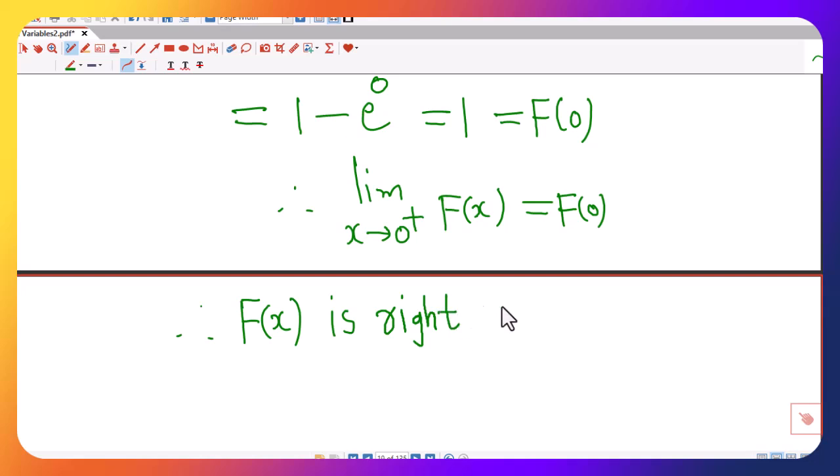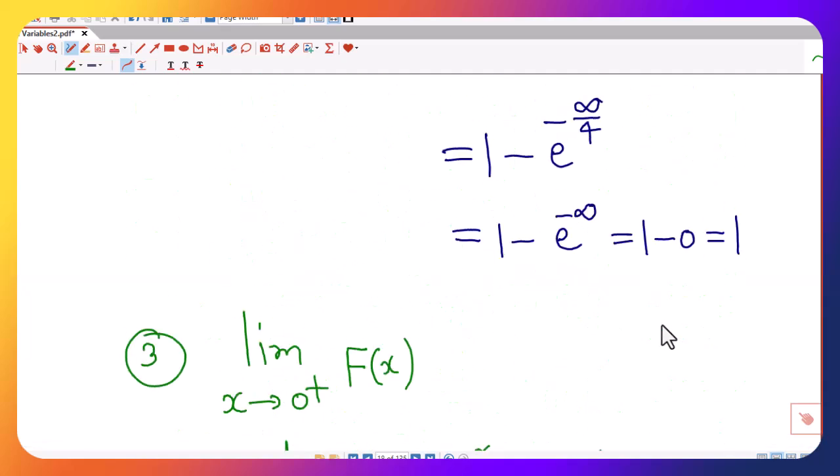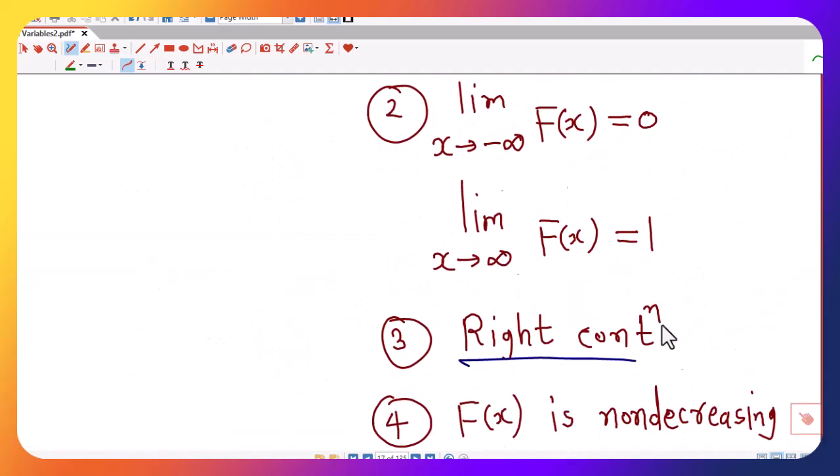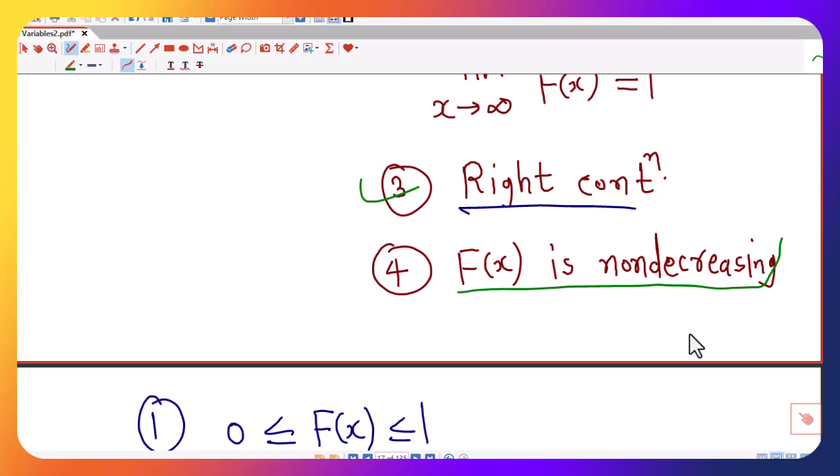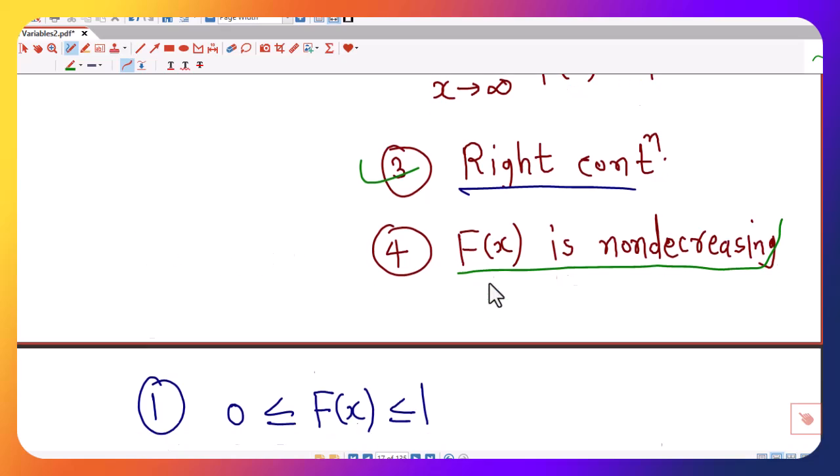So we can say that f(x) is right continuous. So we have shown this property also, right continuity, and the last condition is that f(x) is non-decreasing, that is either f(x) is constant or it is increasing.